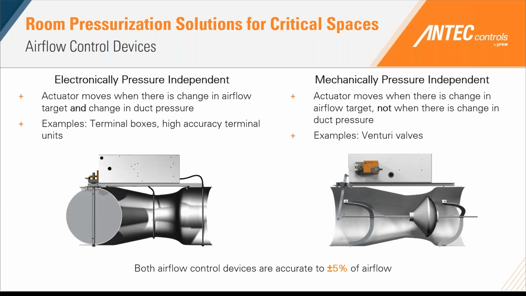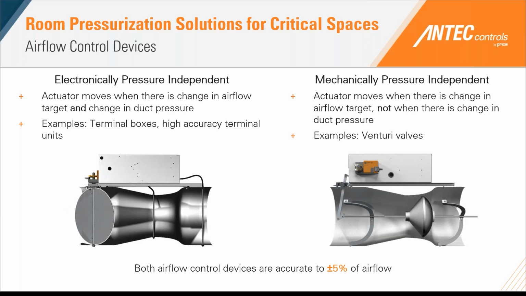So with an electronically pressure independent air valve, the actuator on this valve will typically move and adjust when there's changes in your airflow target and if there's changes in your duct pressure. So the example here could be terminal boxes or high accuracy terminal units. On the other end here though, we also have mechanically pressure independent air valves.